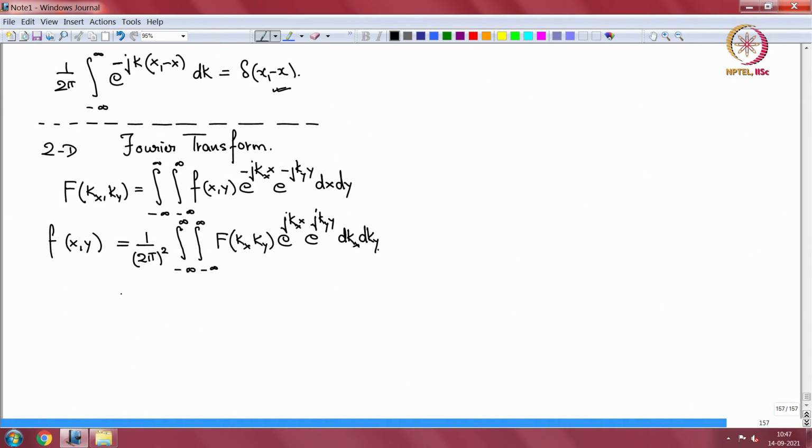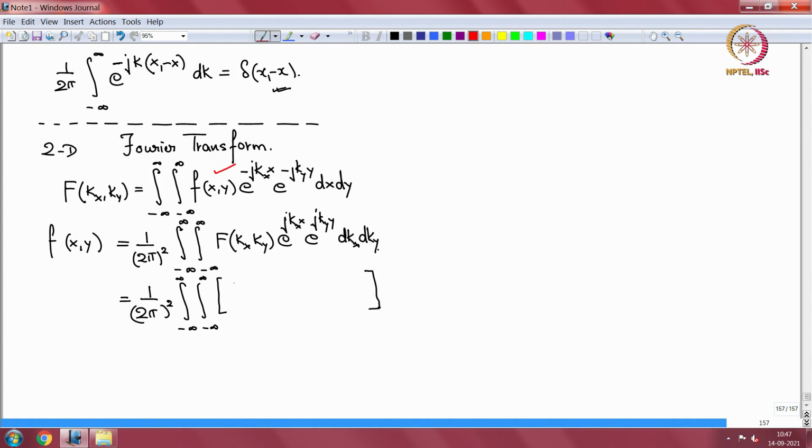Now again we'll try to get back to f of x y. So I have 1 over twice pi whole squared, this double integral, then I replace F of kx ky from here.